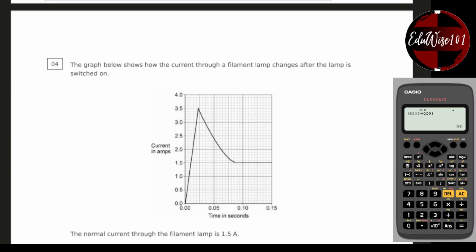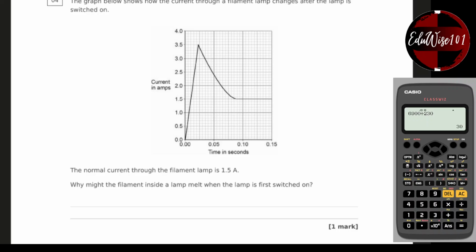The graph below shows how the current through a filament lamp changes after the lamp is switched on. The normal current through the filament lamp is 1.5 amps. Why might the filament inside a lamp melt when the lamp is switched on? So the normal current is going to be somewhere here, which is what you get after about 0.075 or 0.08 seconds.